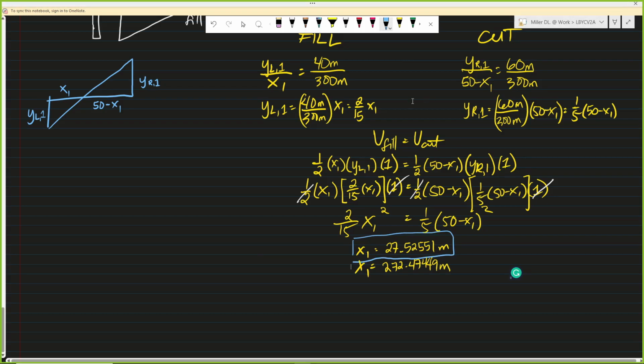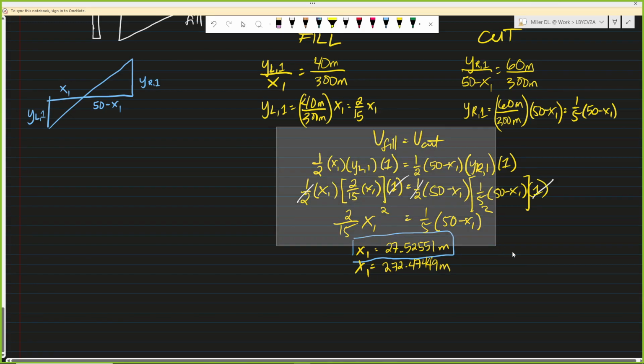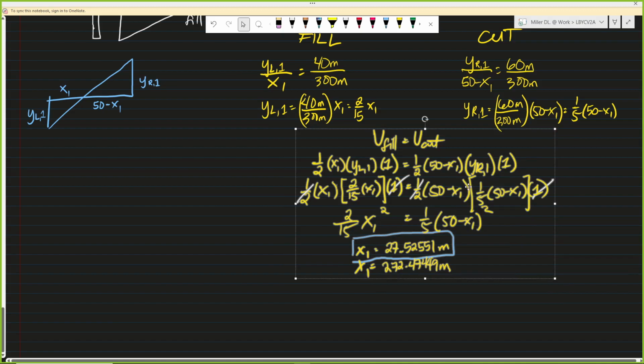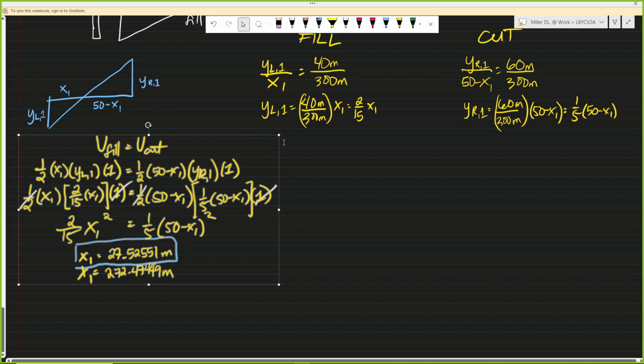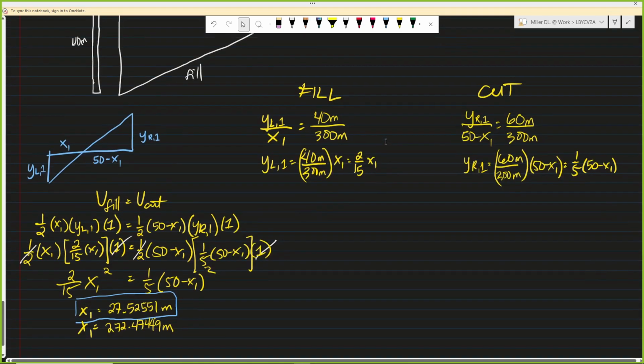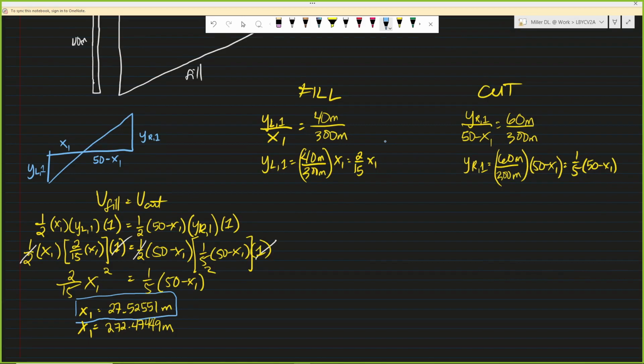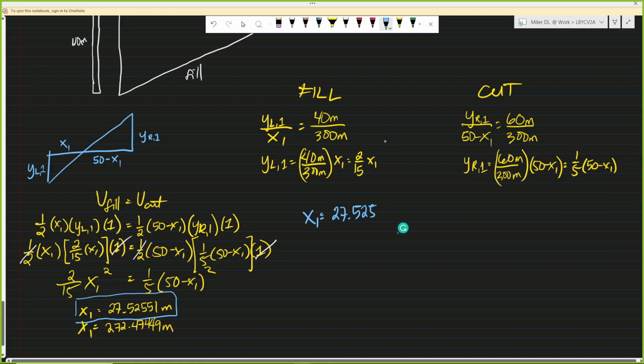Okay? So, itong area na to, let's transfer it here sa side. Then, let's now identify yung mga values ng x sub 1 natin. Ang x sub 1 natin ay 27.52551 meters.